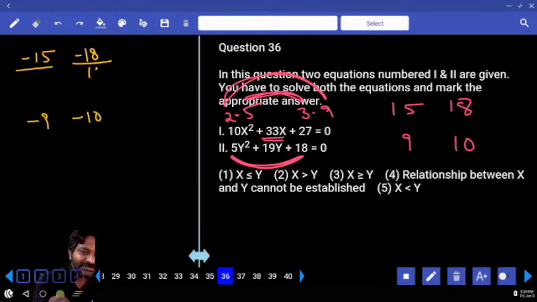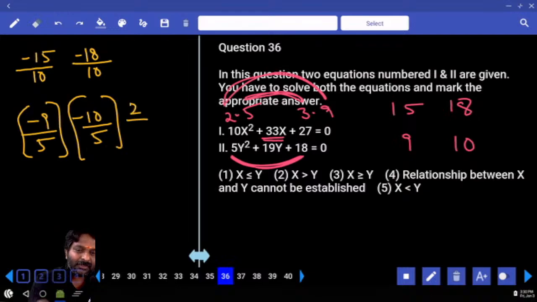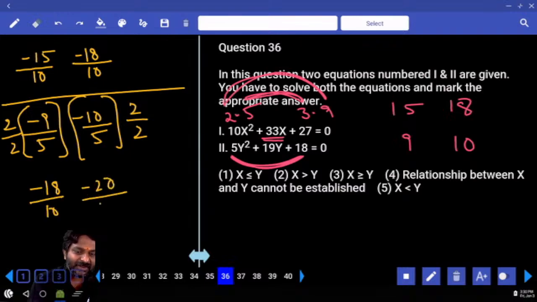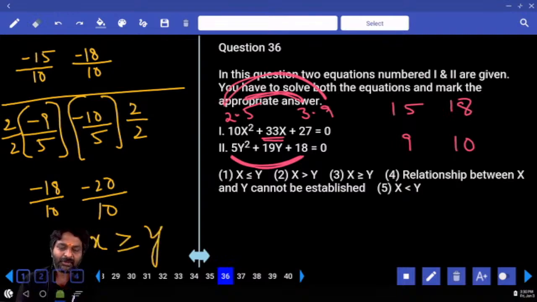And the denominators are 10, 10. So in order to have the same denominators, let's take it like this only. Then the y factors become minus 18 by 10, minus 20 by 10. Everywhere the same denominators are there. X is greater than or equal to y.